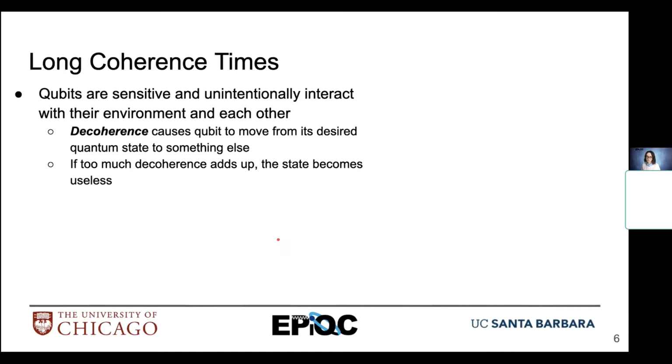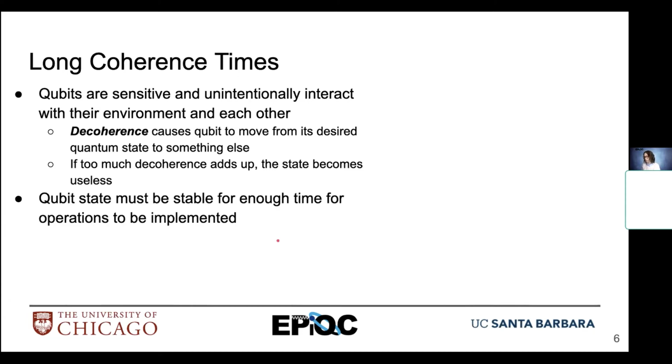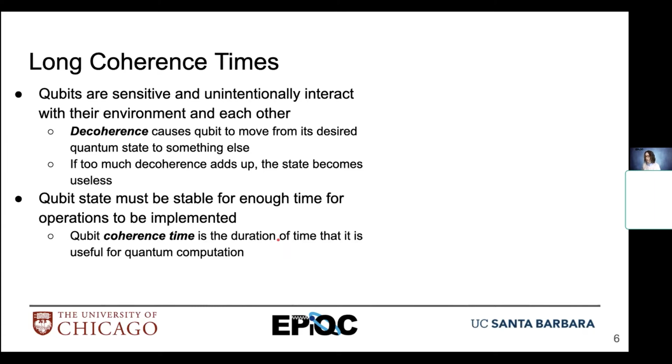Our computation becomes useless, because if you send an unknown into a circuit, you're most likely going to get unknown outputs. So we have to have qubit states stable enough for a long enough period of time that when operations are implemented, you get something meaningful out. So we have this term called coherence time.